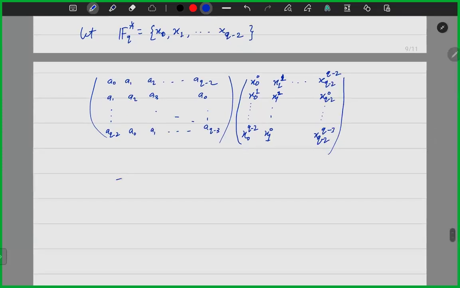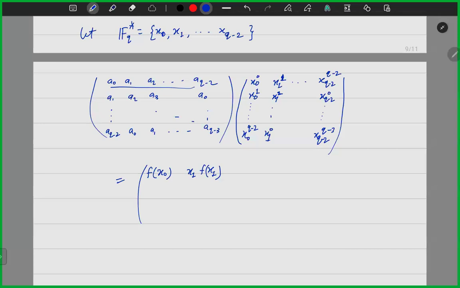If you multiply them, what will happen? First row, first column multiplication becomes F evaluated at X0, right? See the first row and second column. What will happen? If you take X1 common out there, then it becomes F(X1).